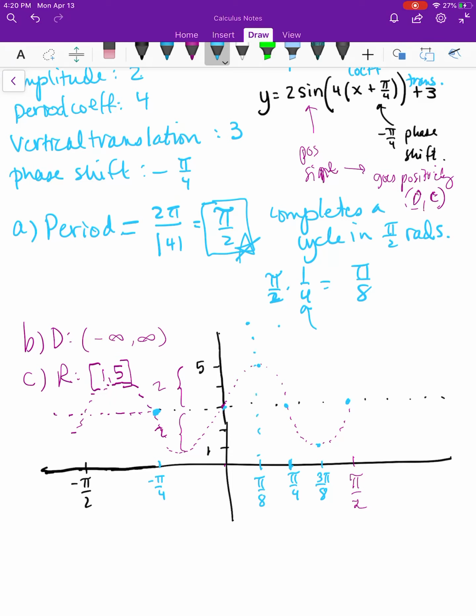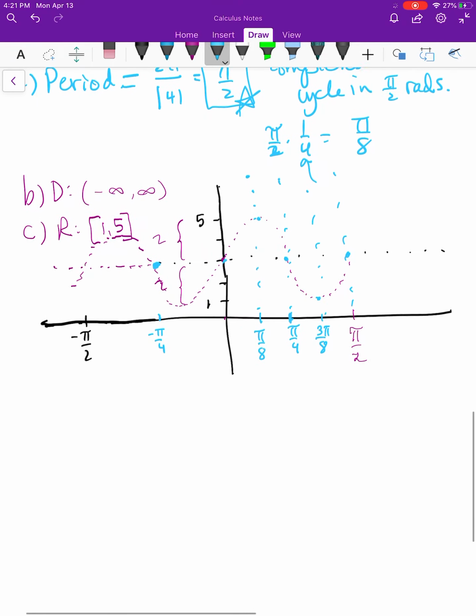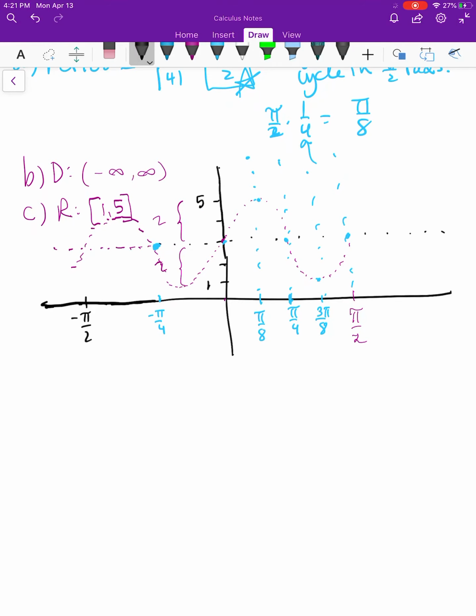So it was doing its highest, back to 0, its lowest, and then back to 0. Those were its 4 divisions, right? And it was every pi over 8. It was doing that because that gave us completing a cycle in pi over 2 radians. And remember, we multiplied that by 1/4 so we could get pi over 8.